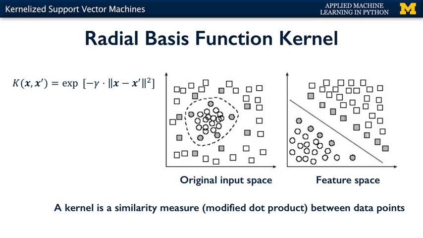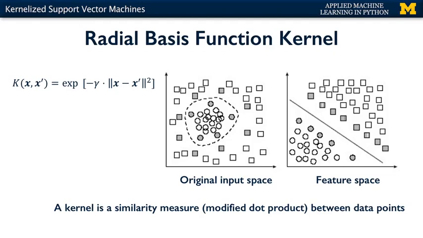Here's another graphical illustration of a binary classification problem. And again, this diagram is for illustration purposes only, and it's just an approximation. But essentially, you can think of it in a similar way to the 2D to 3D example we saw earlier. So on the left, there's a set of samples in the input space. The circles represent the training points of one class, and the squares represent training points of a second class.